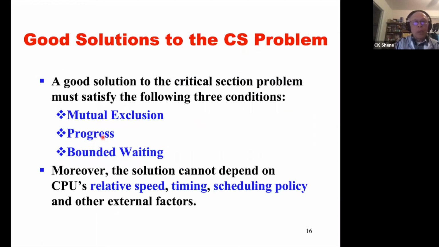Before we implement it, which will be in the next segment, we know we need to solve the mutual exclusion problem. That is, make sure at any moment there is no more than one process in a particular critical section.